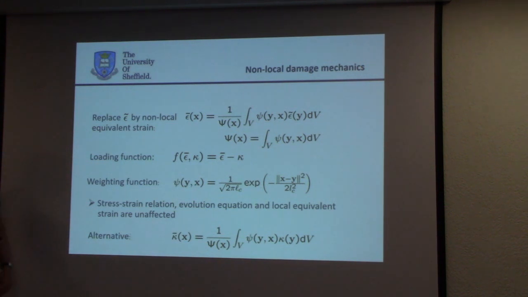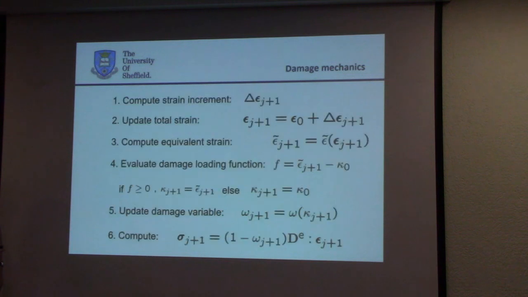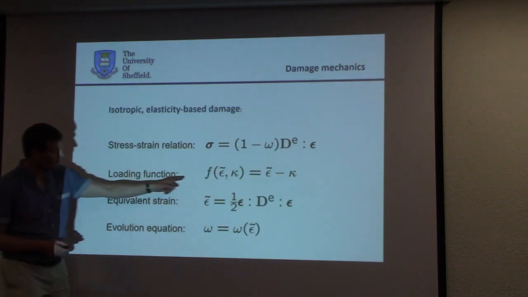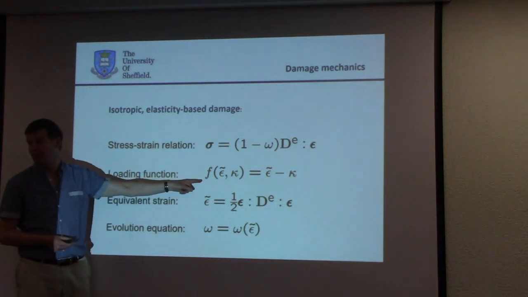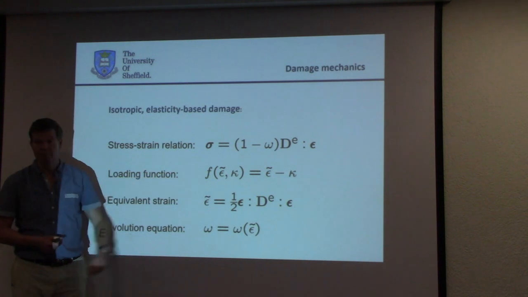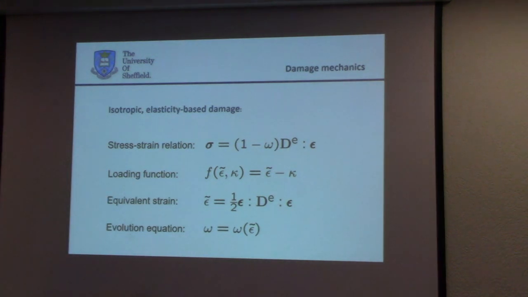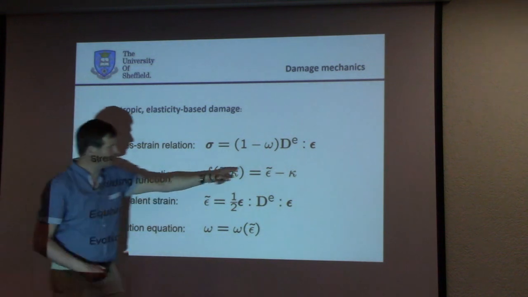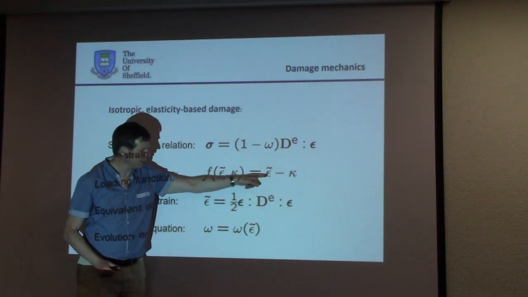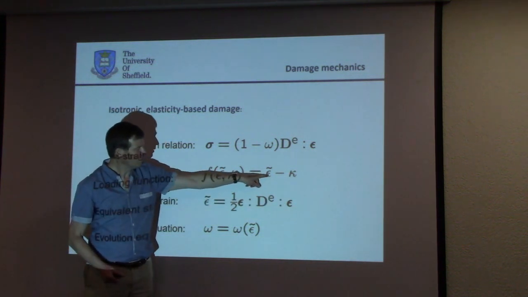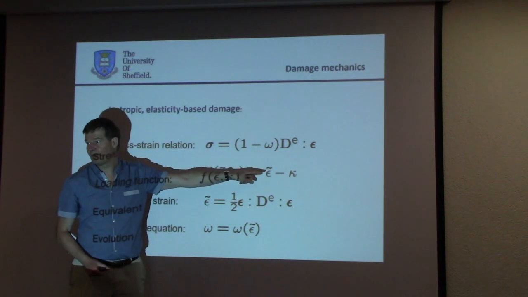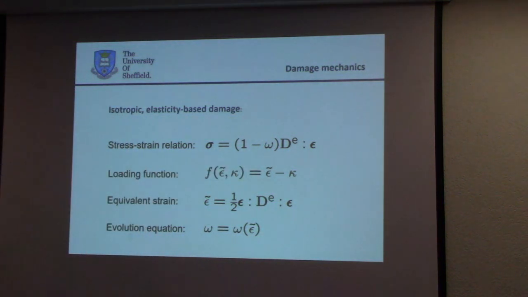So we replace this loading function, which is a local loading function, by a non-local loading function, where instead of deriving this epsilon tilde directly from the local strain, we compute an epsilon bar, which is the volume average over a finite neighborhood of all epsilon tildes.